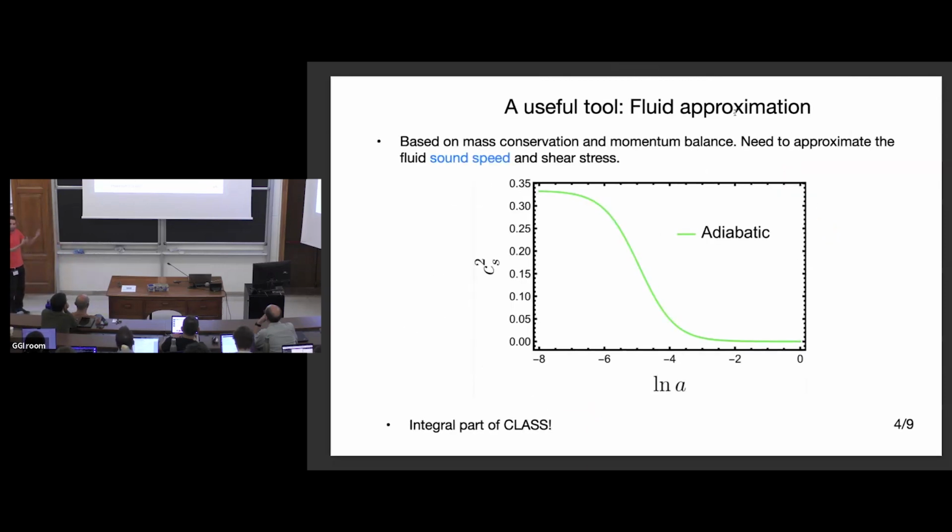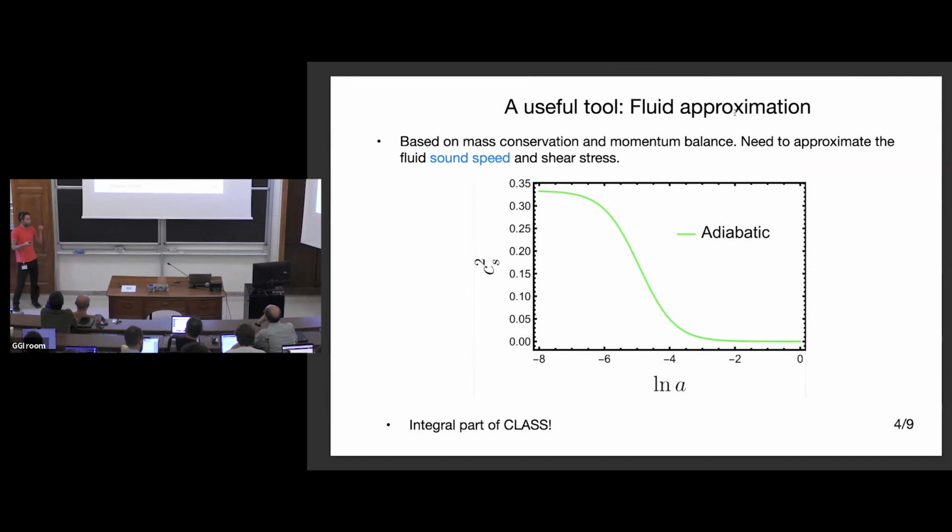So that is how to solve the full dynamics, but there's also a very important tool that's an integral part of CLASS, for example, which is fluid approximations. You're all familiar with the fact that a fluid approximation is just mass conservation and momentum balance. But in order to write down a fluid equation, for example, for a massive neutrino species, you need to specify some ingredients, like what's the sound speed and what's the shear stress.